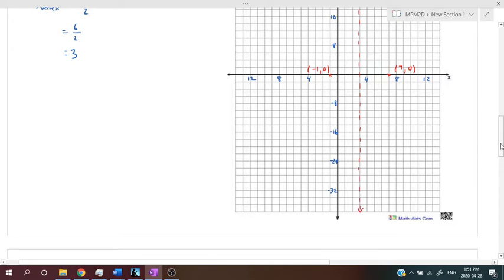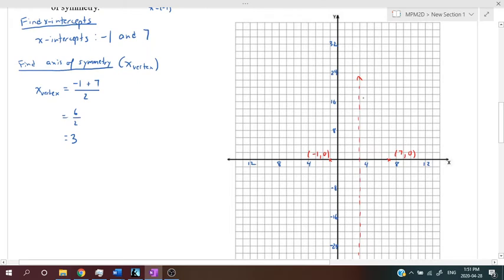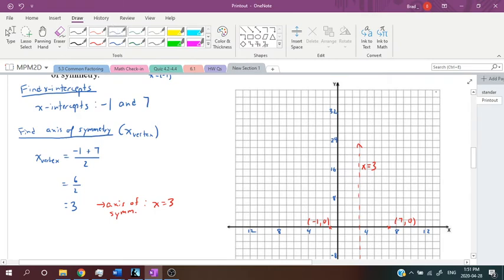Okay, so that's our axis of symmetry, and I can even give it an equation. It's x equals 3. Okay, so the x vertex is 3, but that also means that the axis of symmetry is x equals 3. That's the equation for the axis of symmetry. All right, let's keep going.